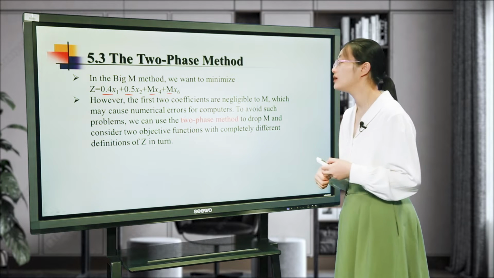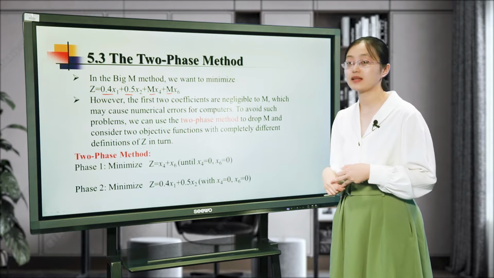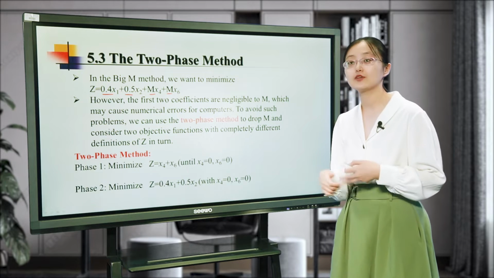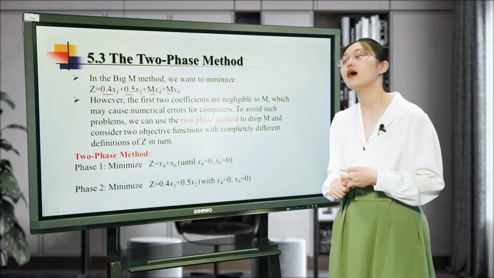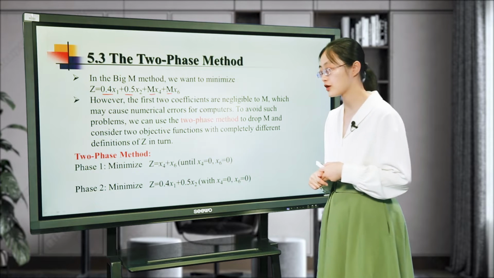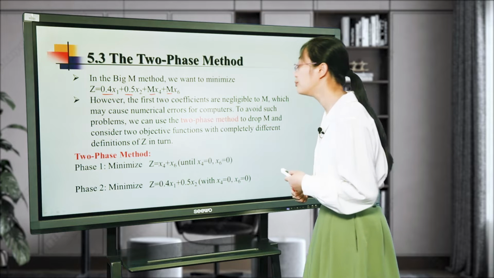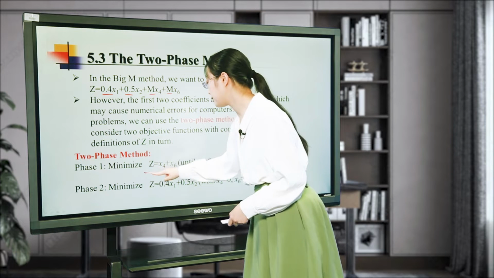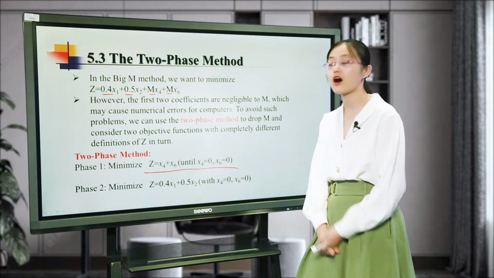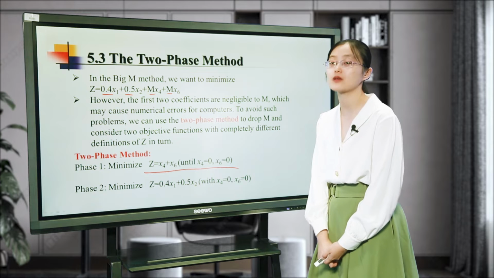And by name, the two-phase method contains two phases. And in each phase, we optimize a different objective function. Phase 1 of the two-phase method is to minimize the objective function that consists of our artificial variables only.